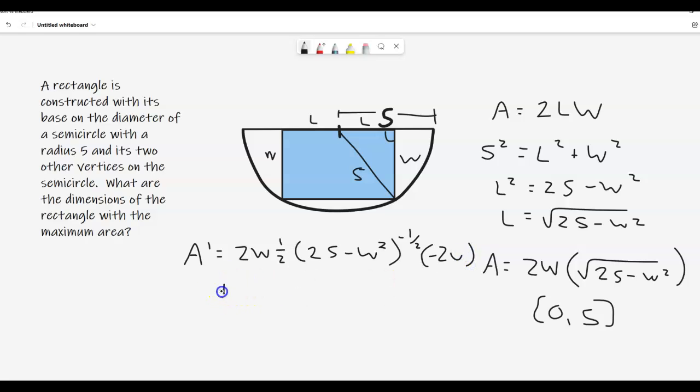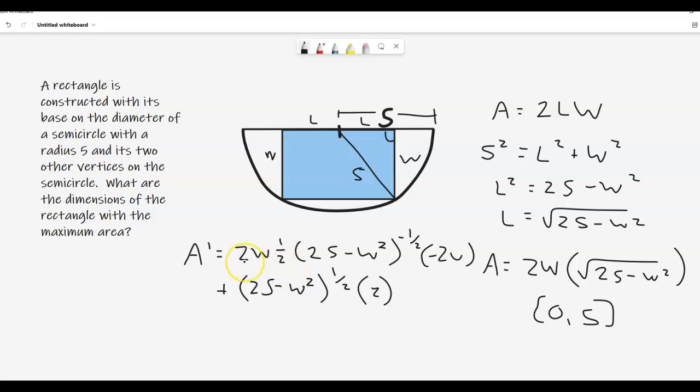And then that's going to be plus the second term, which is simply 25 minus W squared, times the derivative of 2W, which is just 2.